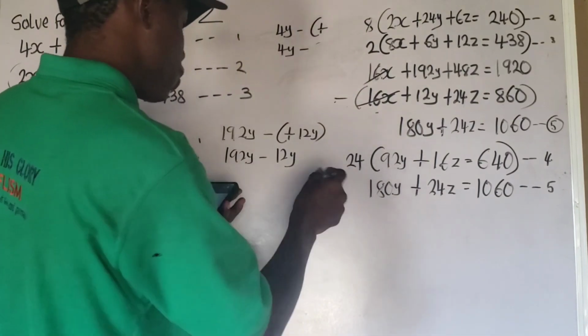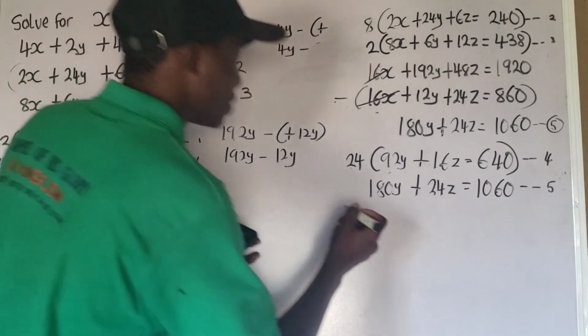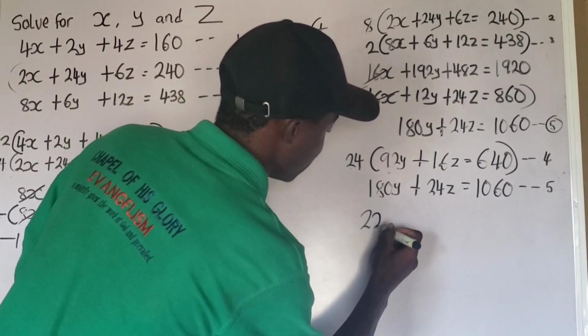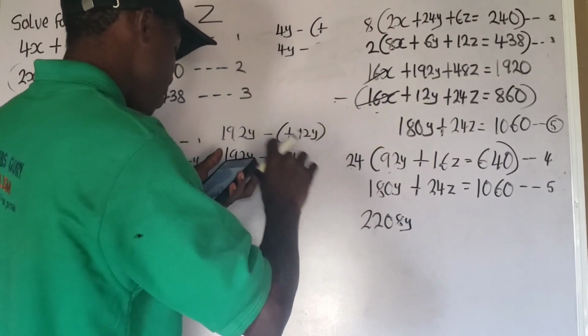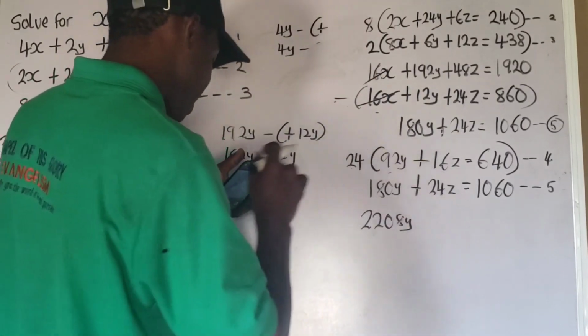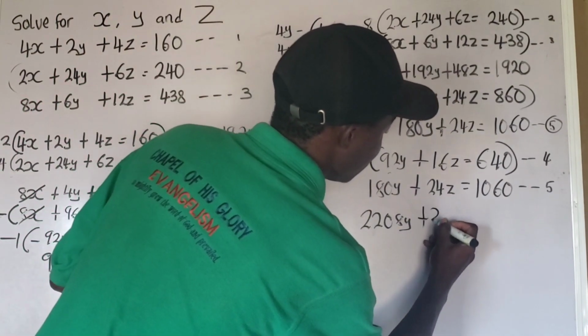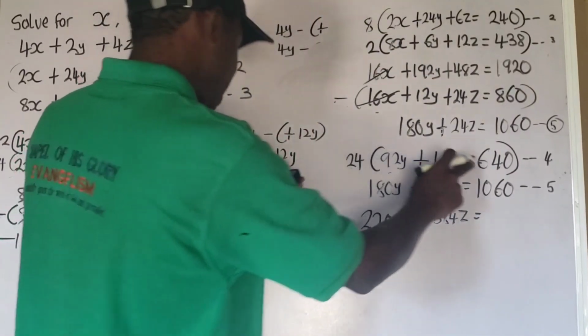multiplied by 92y. That is 2,208y. 24 multiplied by 16z. That is 384z plus 24 multiplied by 640.